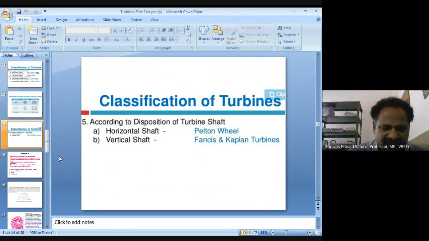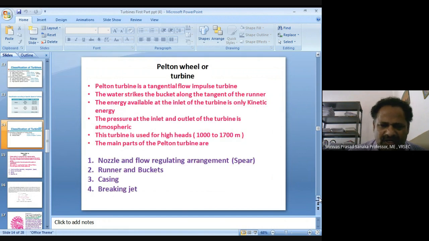So this is the fifth classification. So one of the important questions is to classify the hydraulic turbines. Then you have to explain these five types of classification.